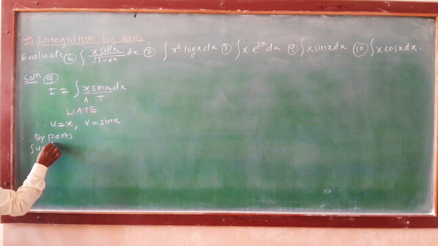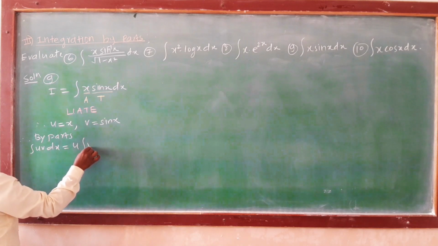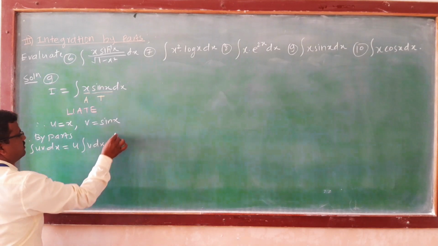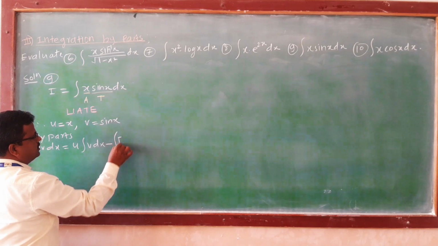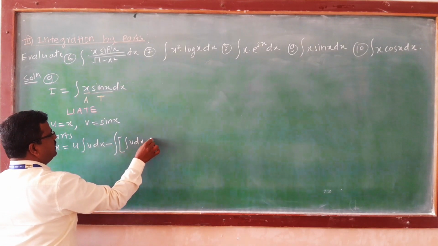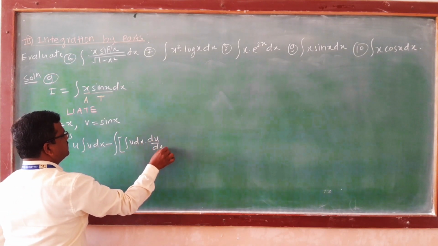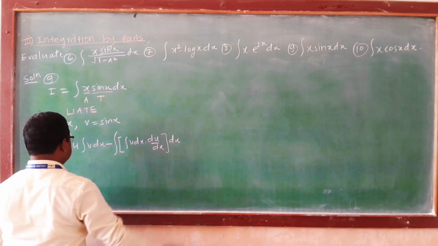integration of u v dx is equal to u integration of v dx minus integration of square bracket, integration of v dx into du by dx, into dx.